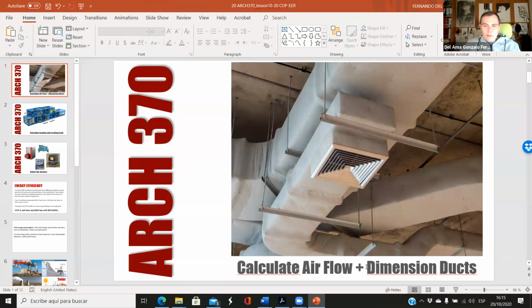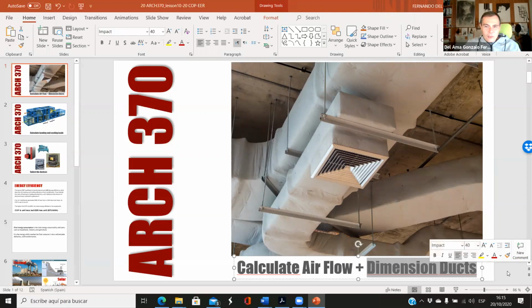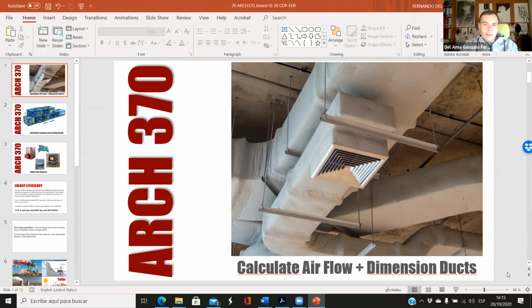And then we have to dimension the ducts. So we have to select the right dimension of the duct: the diameter, if we're working with a round duct, or the two sides, the width and the height, if we are working with rectangular ducts. And then we have to check that the velocity of the air is within limits.